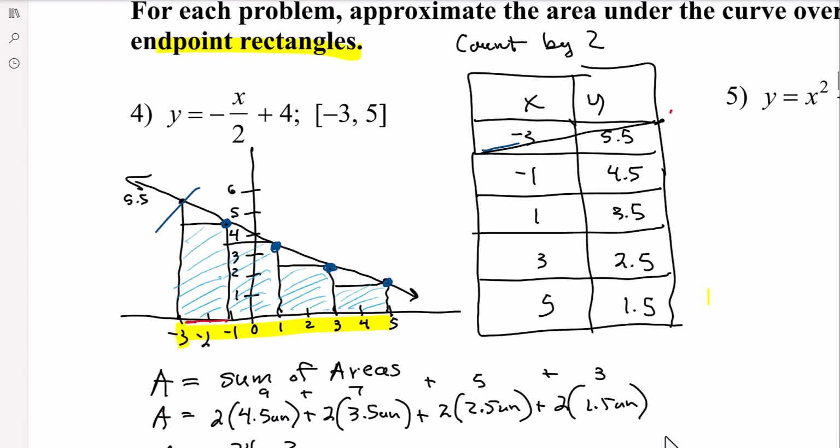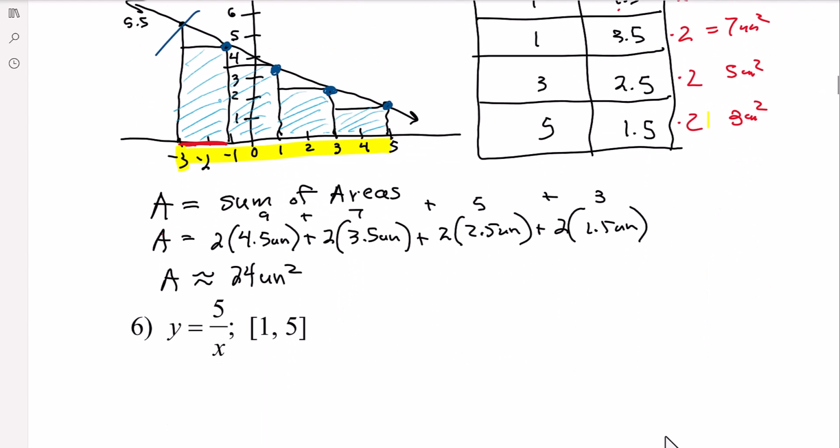So now we have to multiply these by units of 2. So if this height is 4.5, our width is 2, so this is going to be 9 units squared. And this is going to be 7 units squared, 5 units squared, 3 units squared. And I have those totals right there.